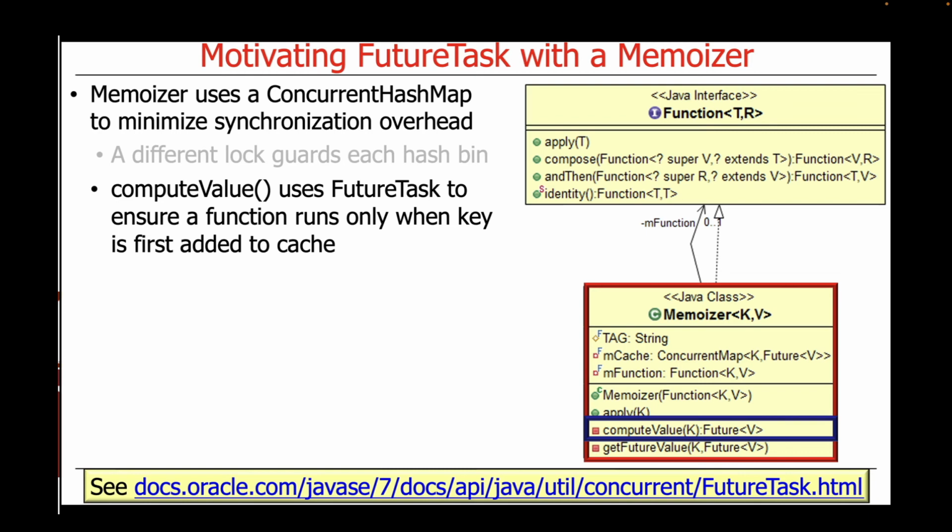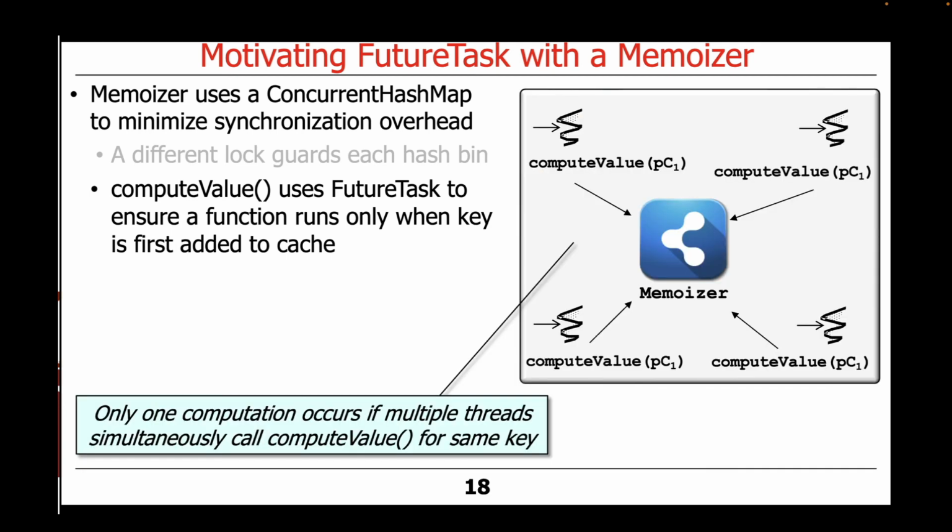Okay, so popping back out of concurrent hash map land for a moment, compute value uses FutureTask to ensure a function runs only when the key is first added to the cache. This is very, very, very important, and this is kind of the heart of the whole thing.